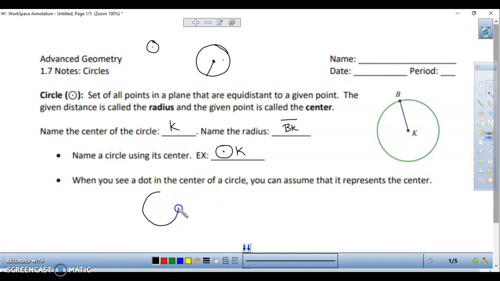Because for instance, if I had this picture drawn and I put a point right here, you could argue, well, how do I know for sure that's the center? Maybe it's not quite perfectly in the center. Just remember, I'm not here to trick you. So if you see a diagram like this and there's a point that is obviously supposed to be the center, you can assume that it is. Like in this example, we can assume that K is definitely the center of that circle.